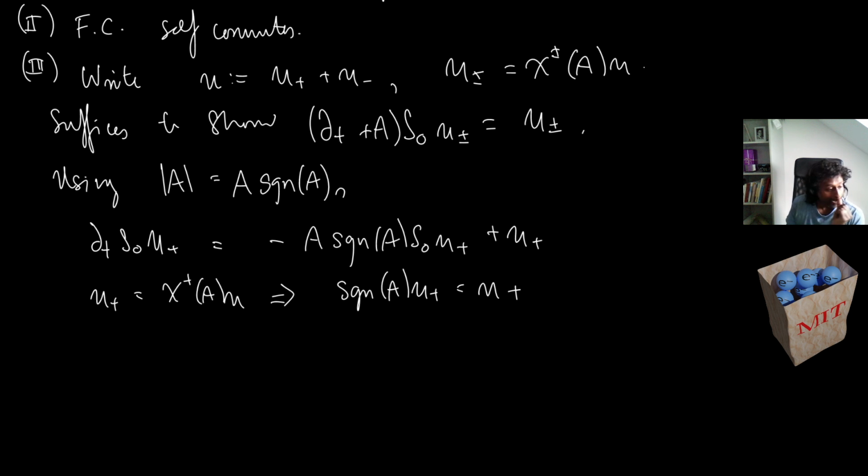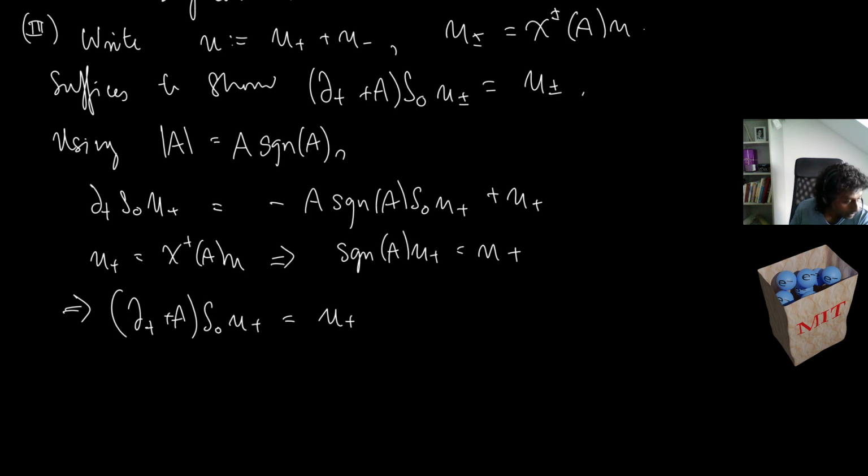And therefore partial t plus A of S naught of u plus is equal to u plus. We're just taking this side over to the other side. And for u minus, we'll leave it very conveniently as an exercise, but it's not any more different.